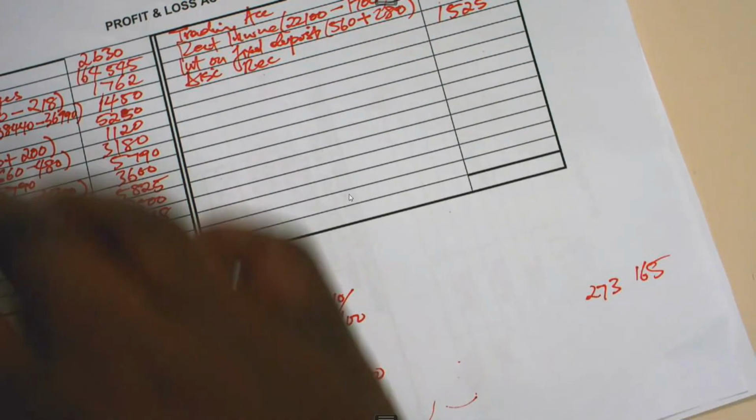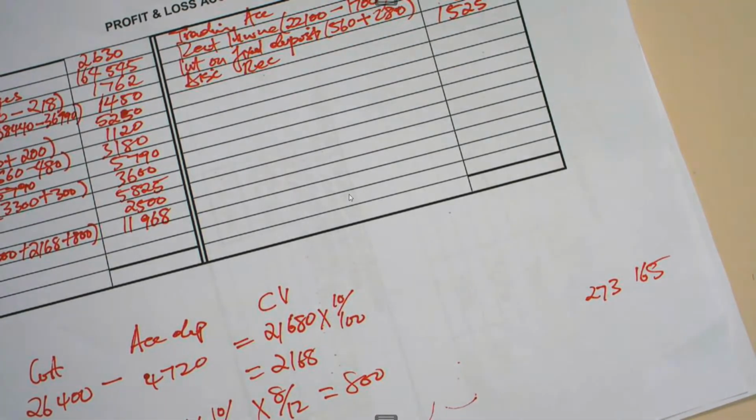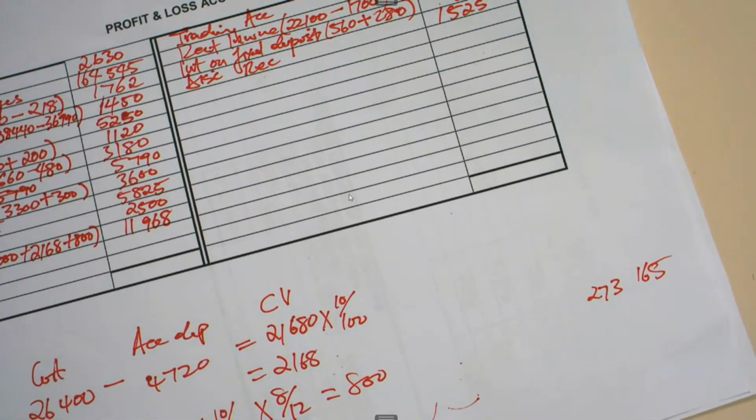So our total on the credit side is 273,165. Now let's check the debit side. 2,630 plus 164,545 plus 1,762 plus 1,450 plus 5,250 plus 1,120 plus 3,180 plus 5,790 plus 3,600 plus 5,825 plus 2,500 plus 11,968.